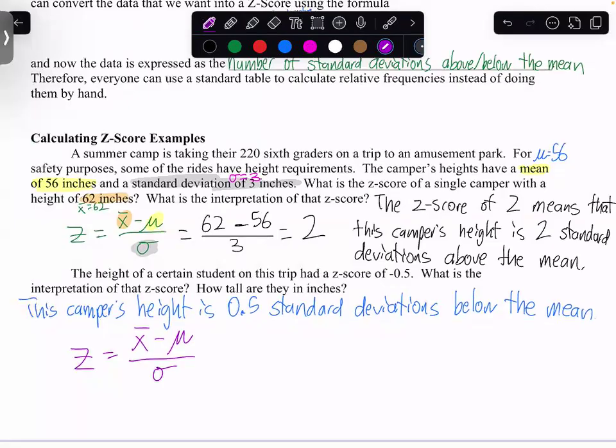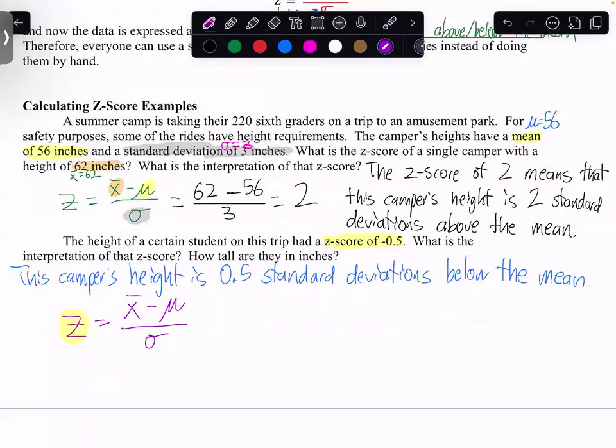This time they tell us the z-score is negative 0.5, so you plug that in on this side of the equation, and make sure you include the negative. What we don't know is this student's height, so x bar is the unknown this time. Leave that as the variable.